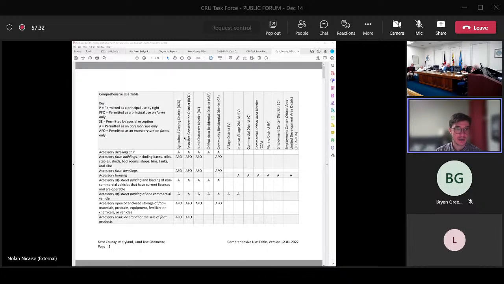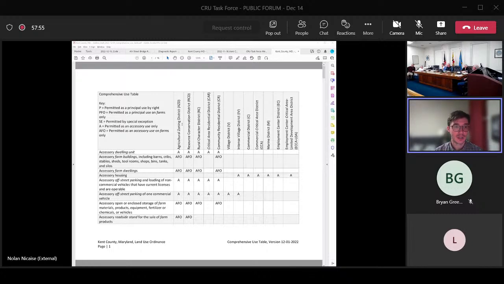As you see here, this is page 1 of the document, Kent County MD Redline Draft 2022-12-01 Comprehensive Use Table. This document is a long table. You see here it's 16 pages, but it includes all of the zoning districts and all of the uses.